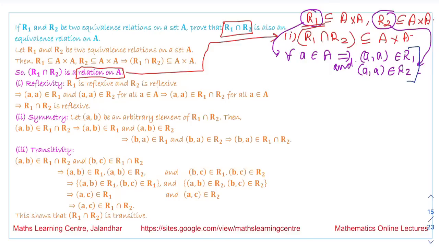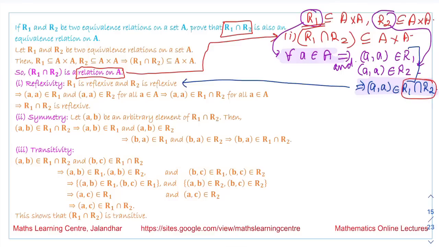So combining this result, (a, a) belongs to R1 intersection R2, and this gives us that R1 intersection R2 is a reflexive relation. R1 intersection R2 itself is a relation, so R1 intersection R2 is reflexive.